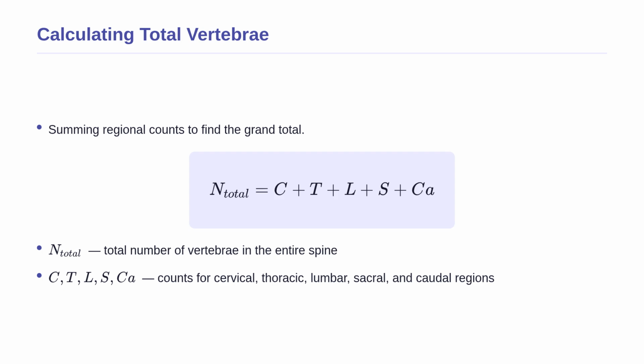The variables on the right represent the subscript numbers extracted directly from the formula for the cervical, thoracic, lumbar, sacral, and caudal regions. By simply extracting these numbers and adding these distinct regional counts together, we get a complete picture of the spine's overall length and complexity.